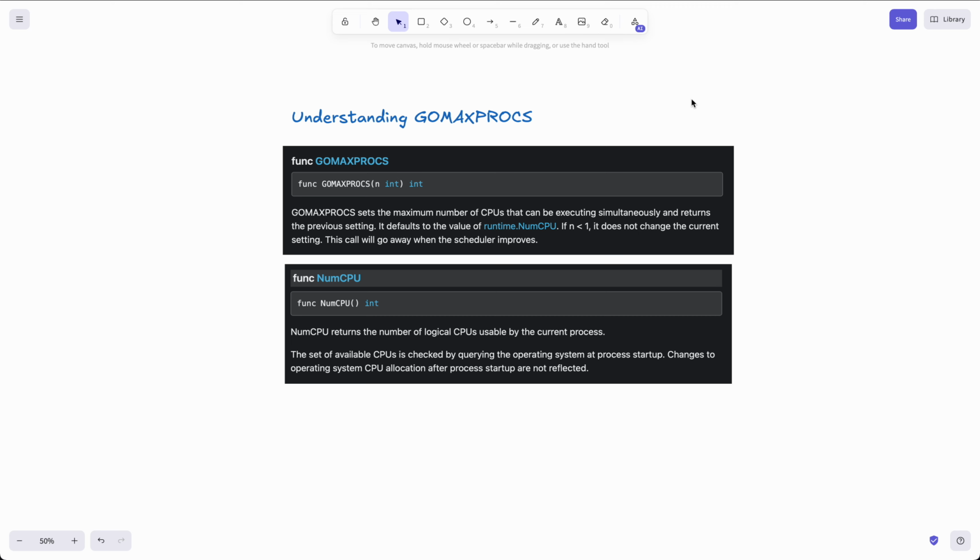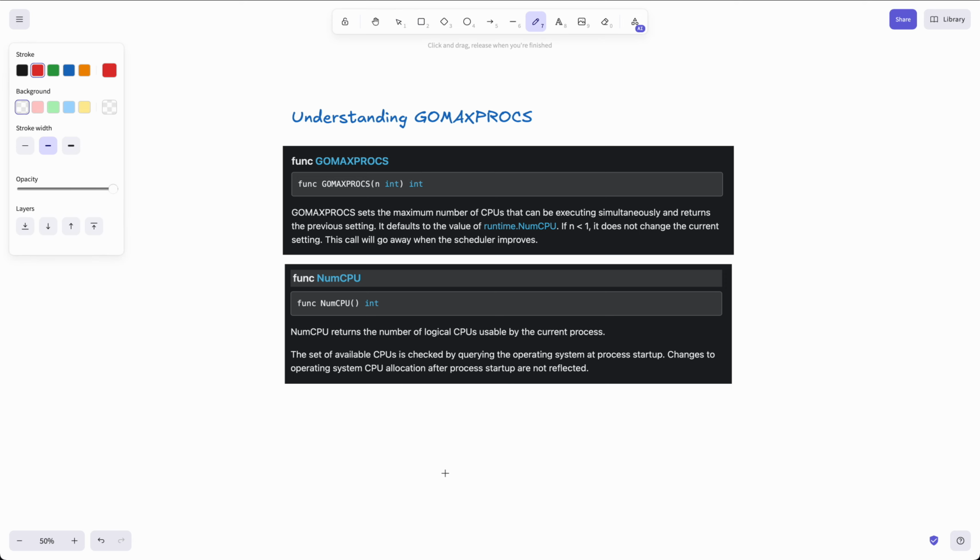If we express a value less than 1, essentially under the hood, what's going to happen is GOMAXPROCS is going to use the runtime.NumCPU function to figure out the number of CPUs that I have on the host and set that to GOMAXPROCS.